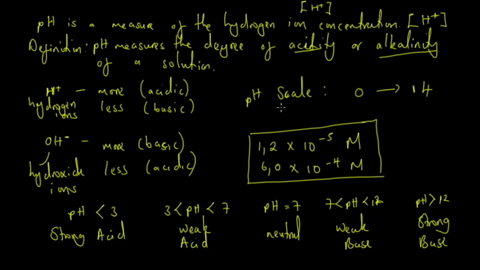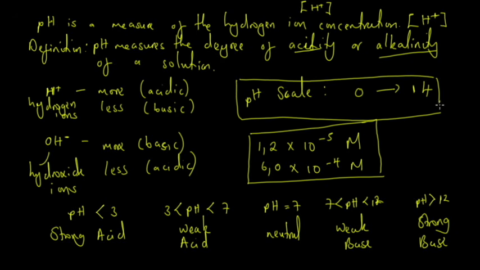Okay, so pH is a very convenient scale that we use. Instead of using hydrogen ion concentrations here, we would use the scale, and the scale is very convenient. Okay, so that's why we love it.